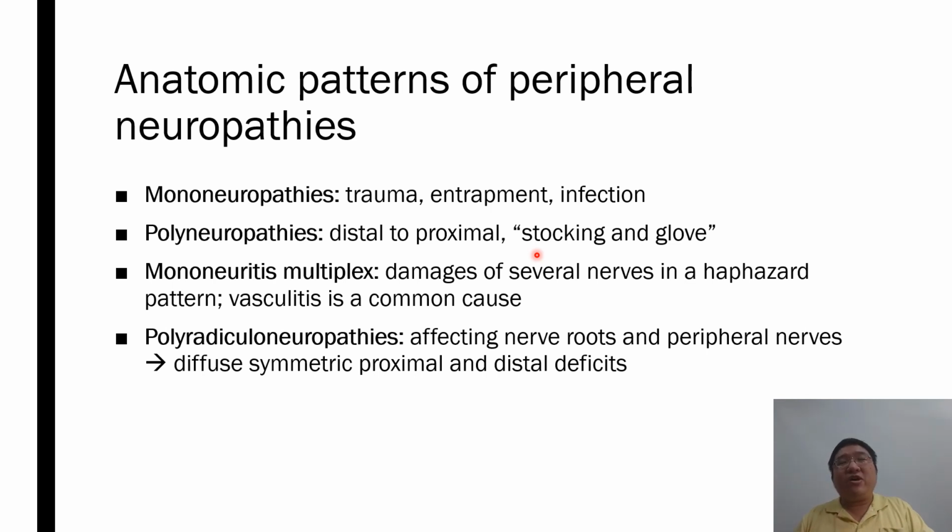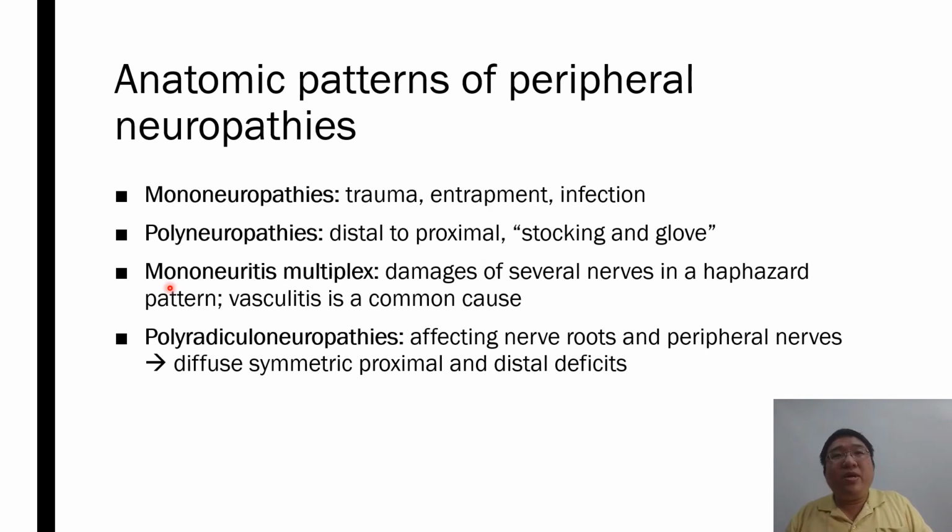Because they will feel numbness at the distal extremities, both hands and both feet, they will feel like they are wearing stockings, they are wearing gloves, even though they wear nothing. These diseases usually affect the distal parts of the extremities first until they progress to the proximal parts.